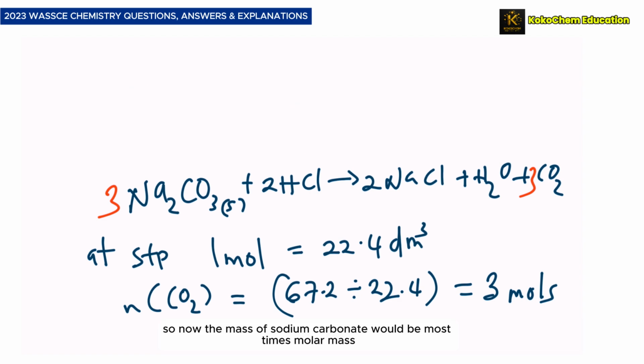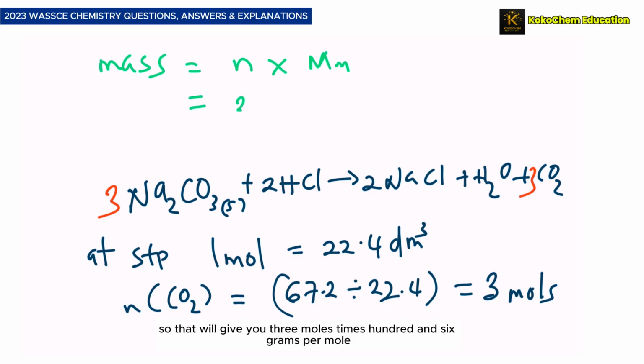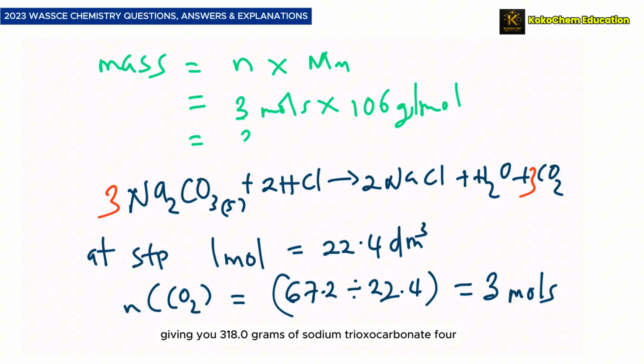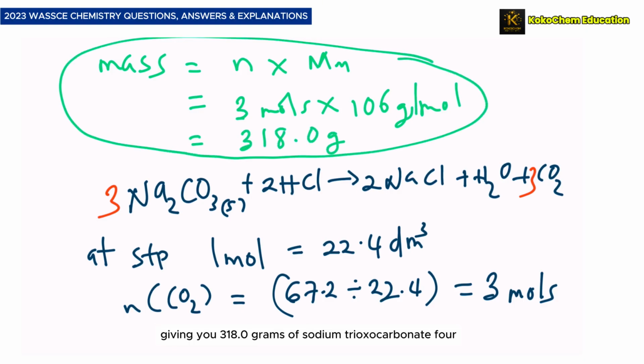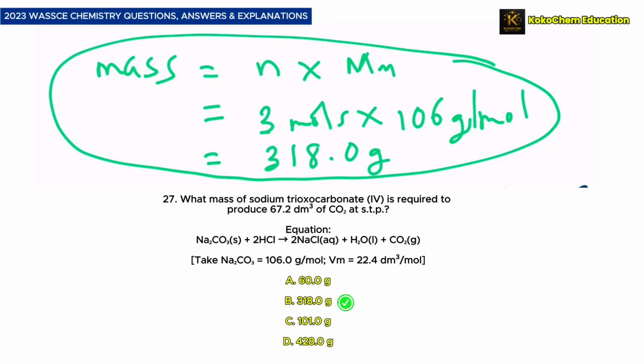So the mass of sodium carbonate would be moles times molar mass. So that will give you 3 moles times 106 grams per mole, giving you 318.0 grams of sodium trioxocarbonate IV.